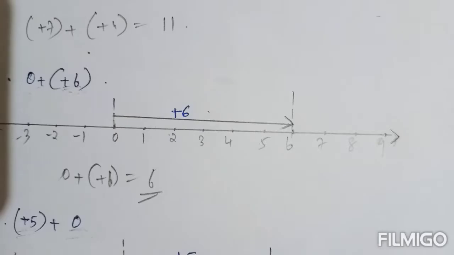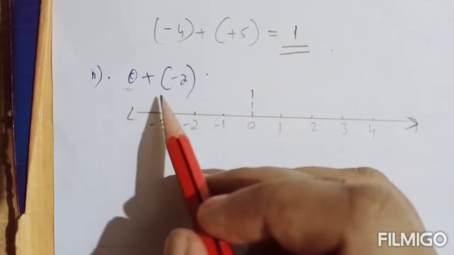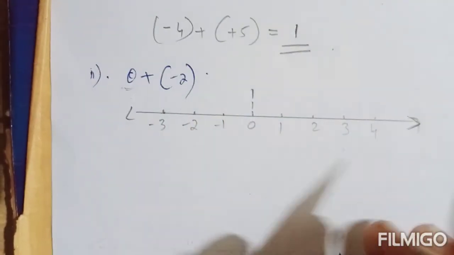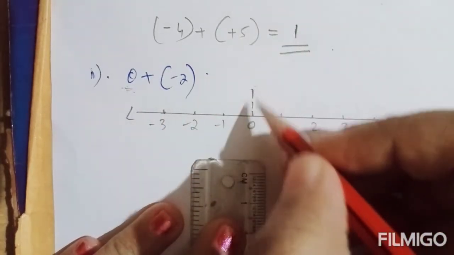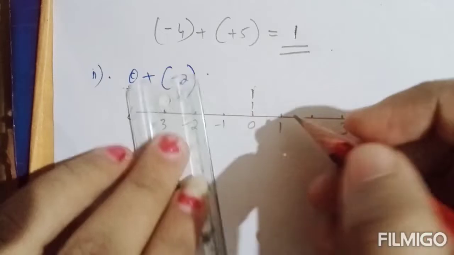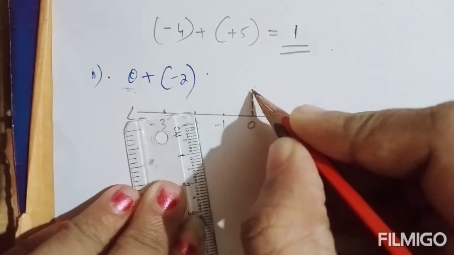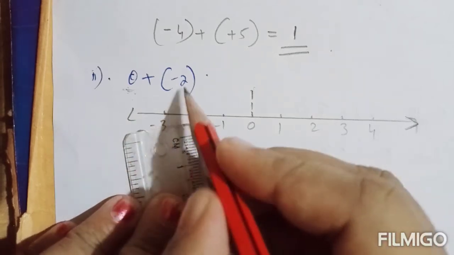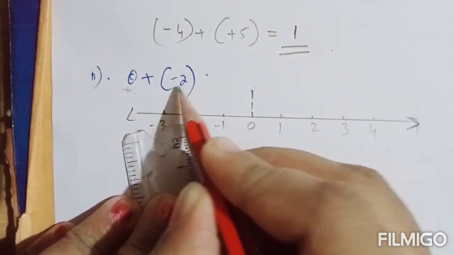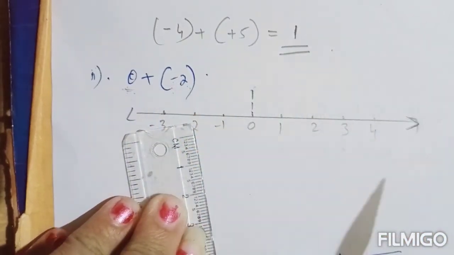Okay. In that second one, 0 plus minus 2. So the first number itself is 0 and you have to start from 0 itself. Okay. So mark or draw a dotted line at 0. Next, minus 2. Minus 2 is given. Okay. So what to do?